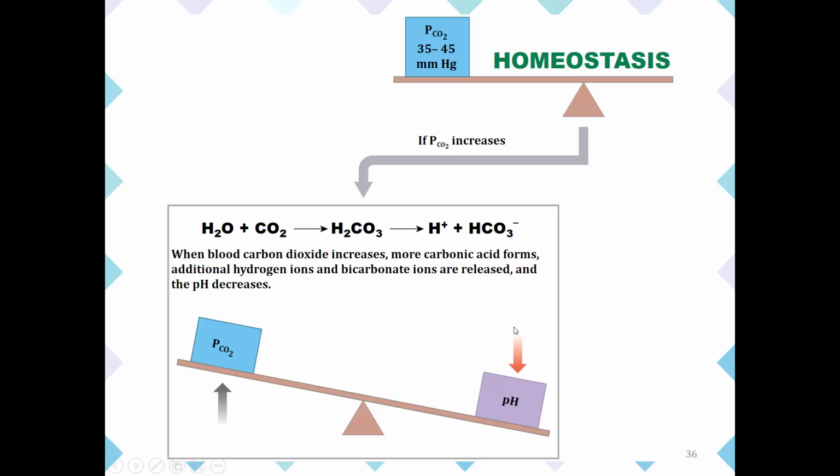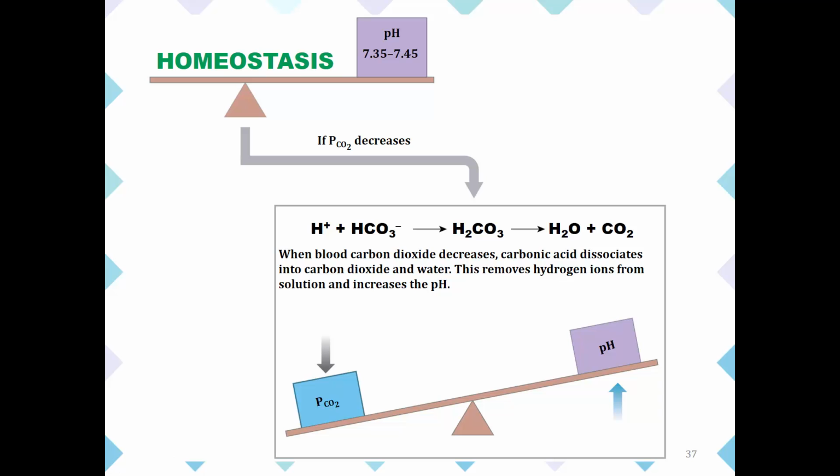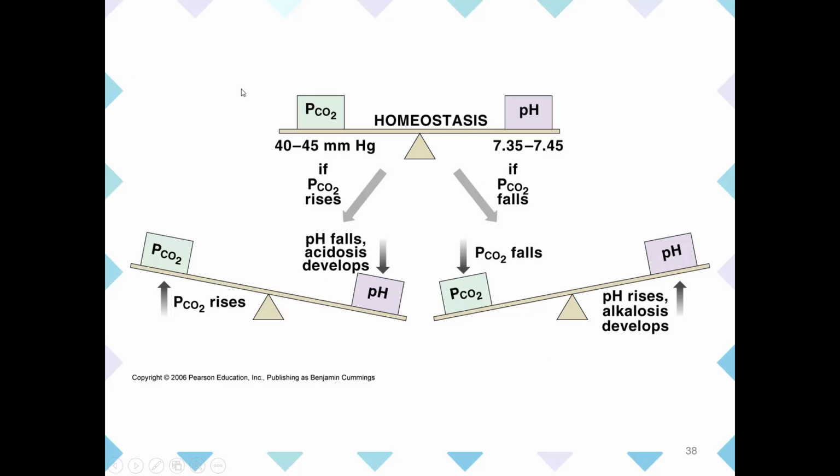We get too much acid, and the pH goes down. Again, starting at homeostasis, if the pH were to go up, then we could blow off that CO2 in order to get ourselves back to homeostasis.